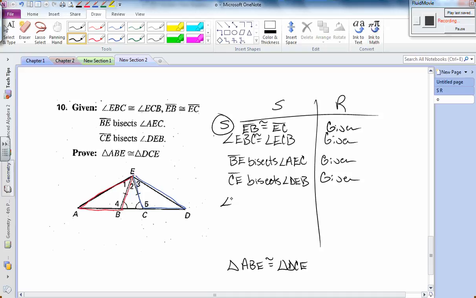So we know that angle 1 is congruent to angle 2. Line segment BE bisects angle AEC, cutting into two equal pieces. And we also know that line segment EC or CE bisects angle DEB. So we know that angle 2 is congruent to angle 3. And that's the definition of angle bisector.